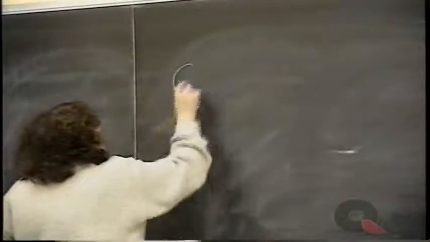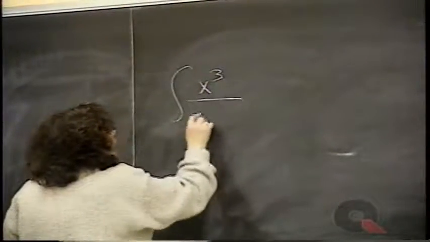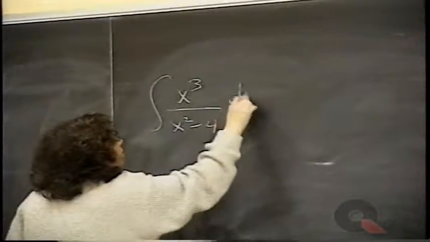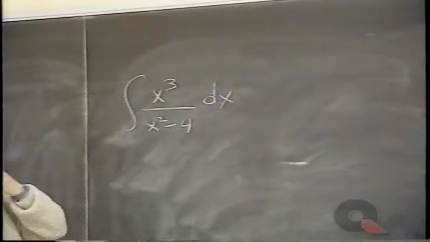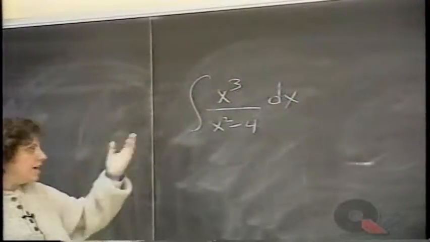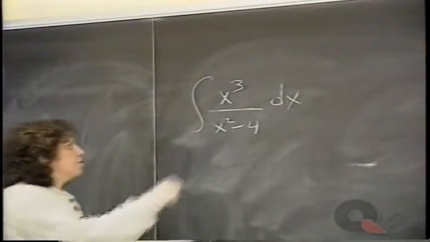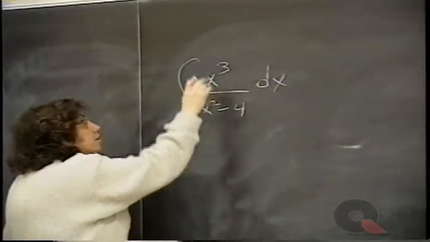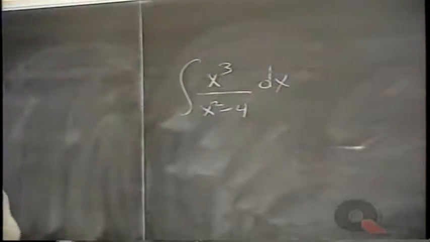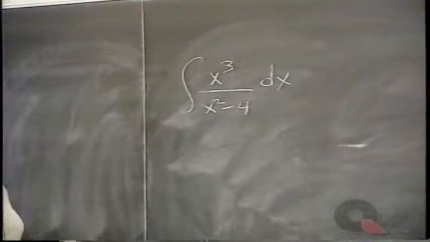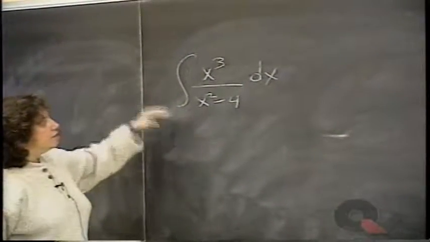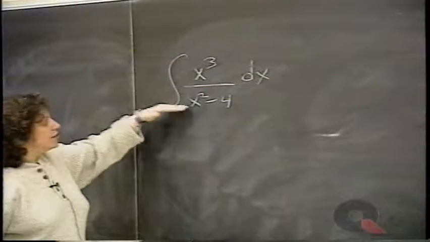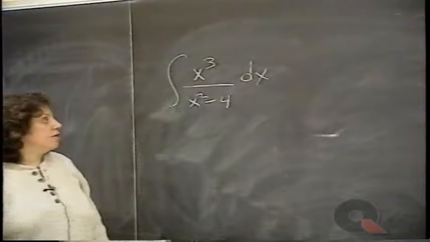Okay, now let's look at the example x cubed over x squared minus 4 dx. Okay, it starts off looking similar to the ones that we've just done, except it's certainly not du over u. And we notice, what's more, that the numerator does not have degree less than the denominator. The general rule when integrating a rational function, a quotient of polynomials, is if the numerator does not have degree strictly less than the denominator, you should start by long division.